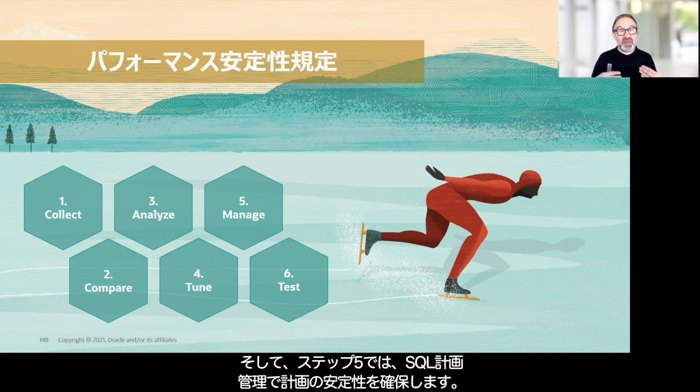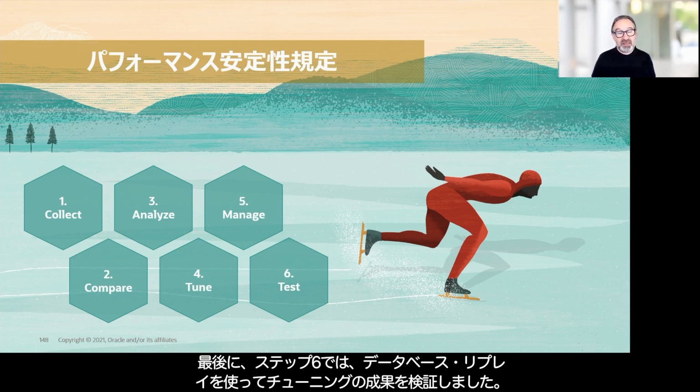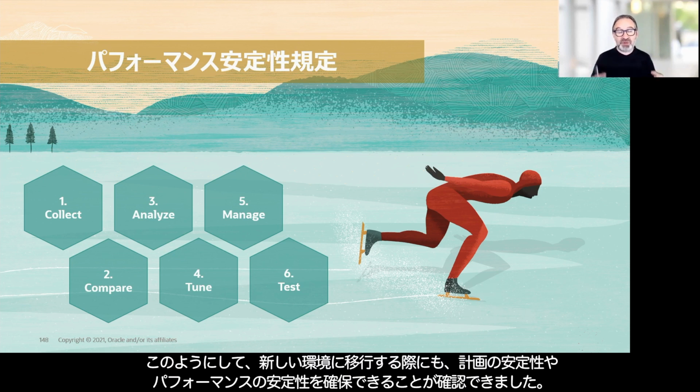And we enforce plan stability with SQL Plan Management in step number 5. Finally, in step 6, we verify our tuning efforts with Database Replay. And this way, we are pretty certain that you can ensure plan stability, performance stability when you move to a new environment, even for a migration.